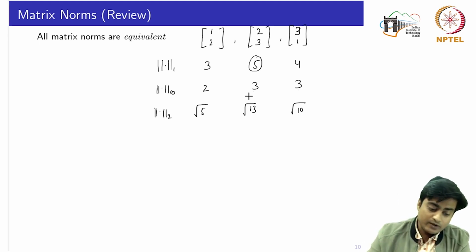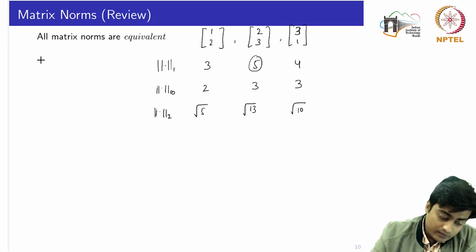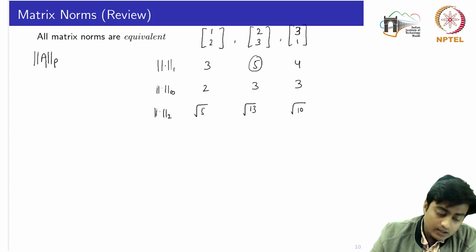So when we say all matrix norms are equivalent, we actually mean to say, let's say I compute any norm, let's say called the P norm of the matrix A1 and the P norm of the matrix A2.